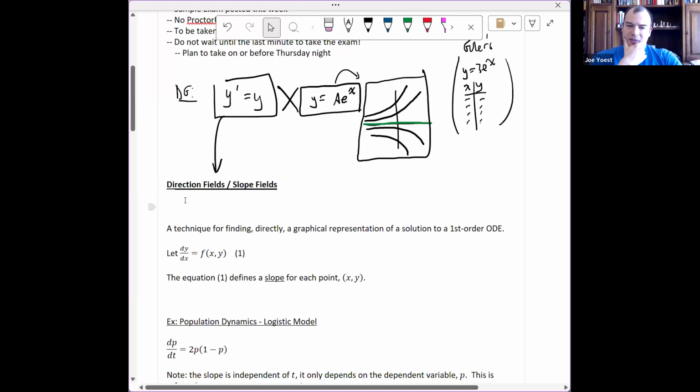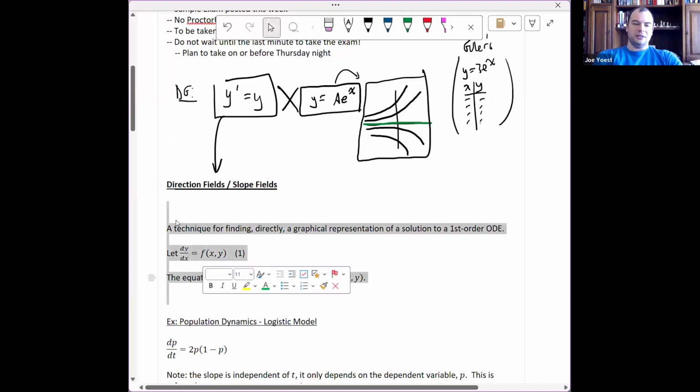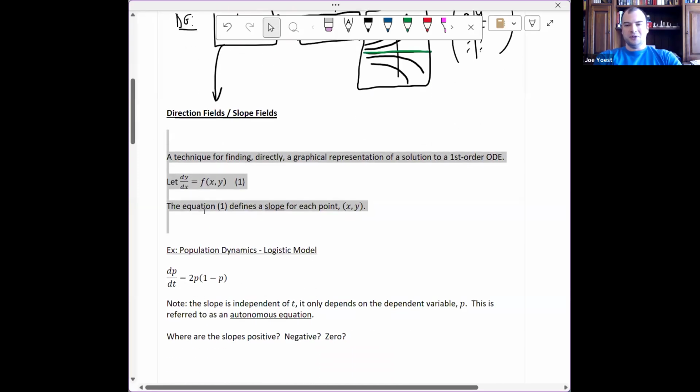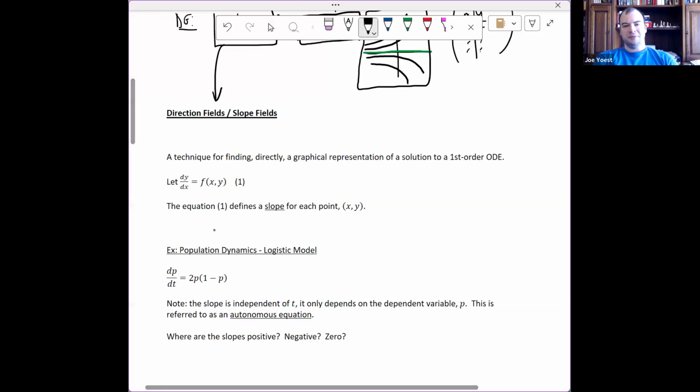Okay, so we're looking directly at the geometry of the differential equation, and we're considering a first order differential equation where we have y prime equals f of x y. If we ask ourselves, equation one here, dy dx equals f of x y, what does this really say?